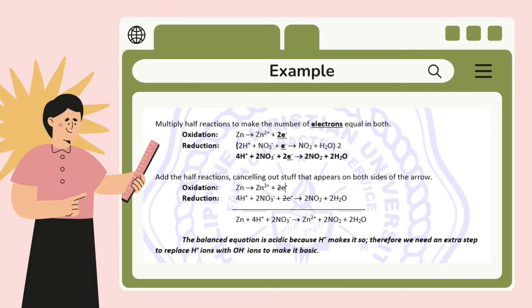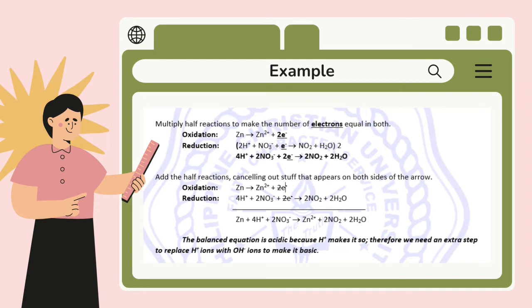Right after that, we're going to be adding the half reactions, canceling out stuff that appears on both sides of the arrow, or what we call like terms. In here, the first thing we need to cancel is the electrons. So we're canceling 2 electrons from both the oxidation and reduction sides.